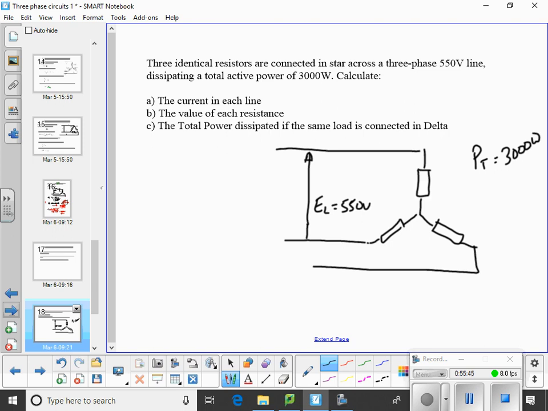So, first, what's an important thing about the fact that it's a purely resistive load?